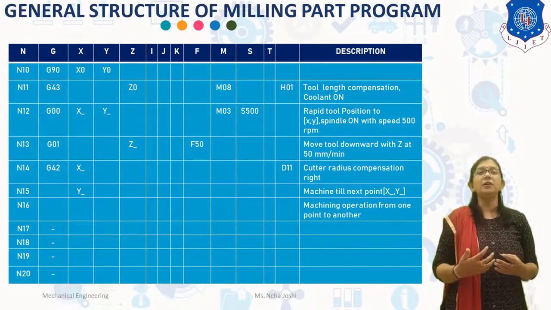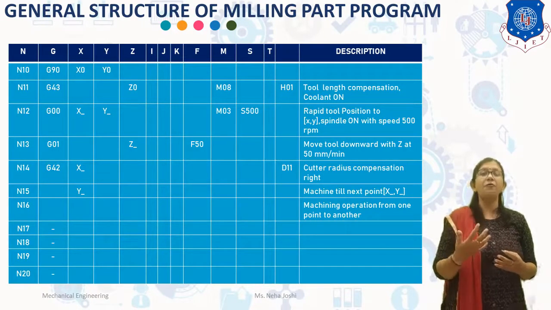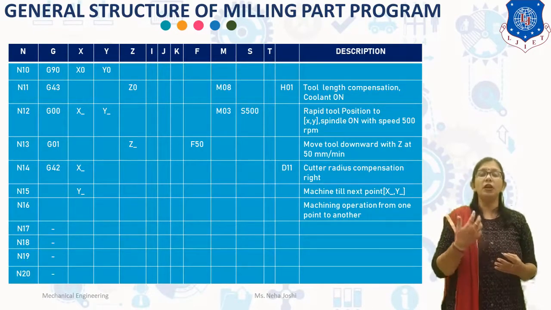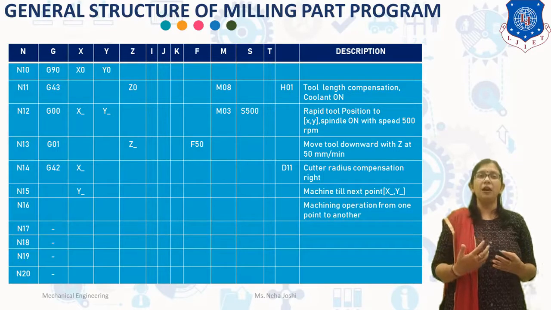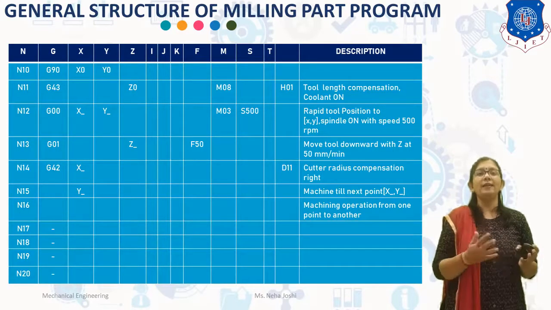The next sequence is N13, and G01 is used to move the tool downwards along Z at a feed rate of 50 mm per minute. Here we have assumed the feed rate is 50 mm per minute, which will vary according to your requirement. After that, the next sequence is N14, and G42 is used for cutter radius compensation on the right side.